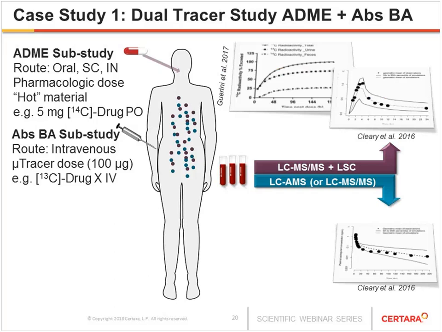As you can see at the bottom, simultaneously we could also obtain the intravenous PK profile, which would come from the microtracer dose with the C13 labeled drug. Also, thanks to scintillation counting, we could obtain the ADME properties of the compound by measuring the routes of excretion of the radio-labeled compound.